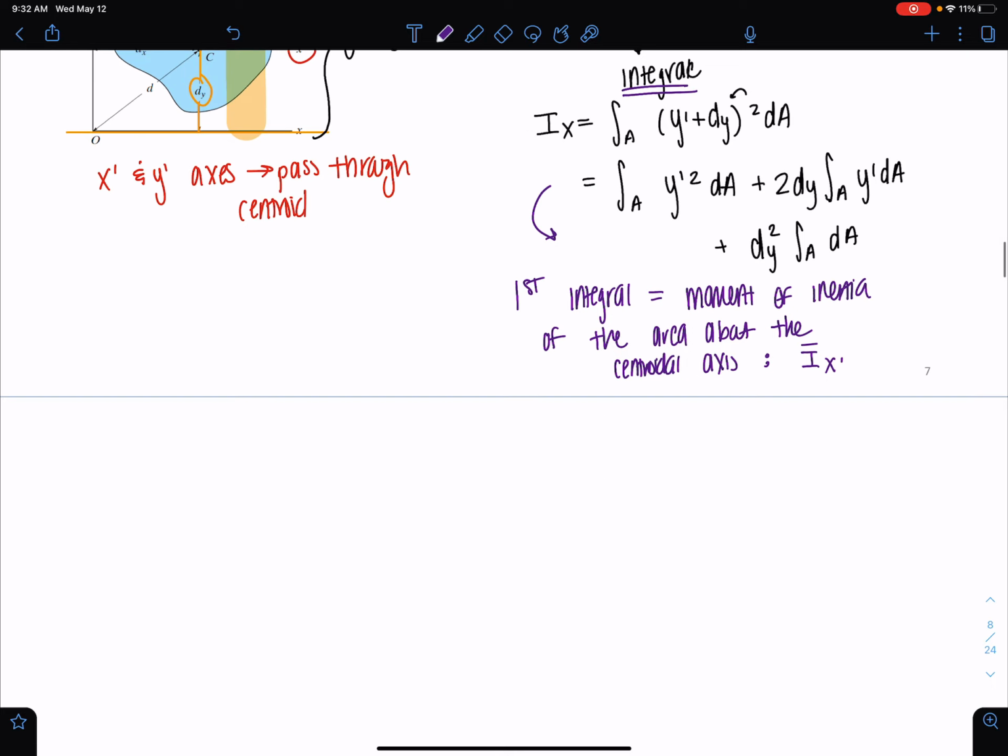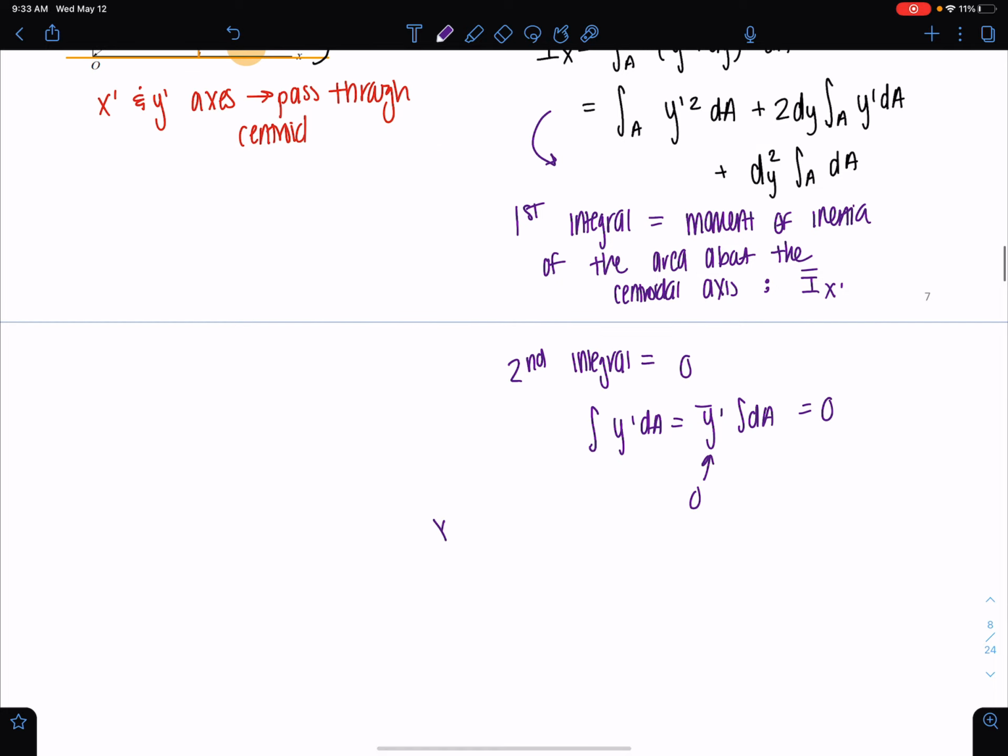And let's say we take the second integral now. That's going to equal 0 since the x prime axis passes through the area centroid. So we would have the integral of y prime dA, which is equal to y prime bar integral of dA, passes through the centroid, right? Y prime bar is 0. So this has to be 0 if we were going to take that second integral, okay?